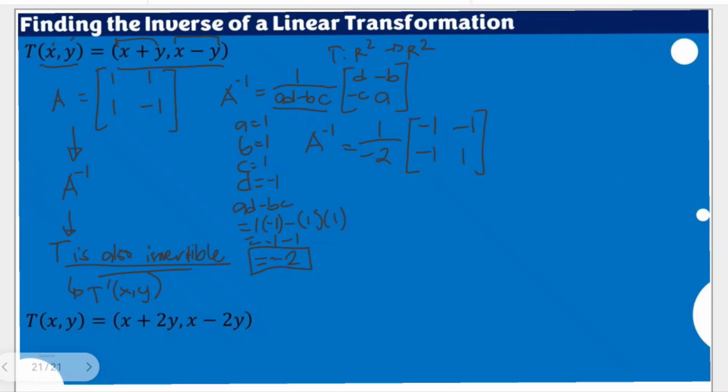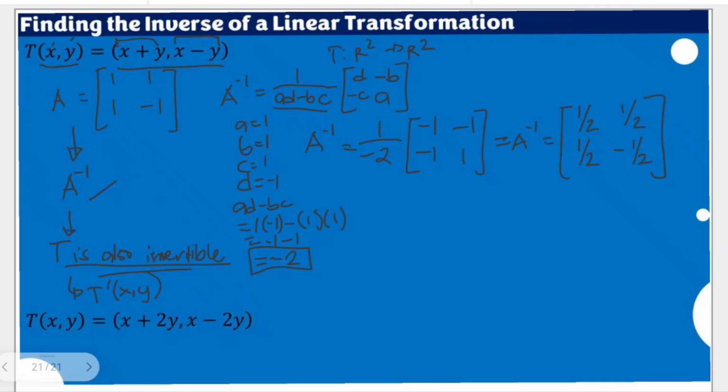So the inverse of the standard matrix A, which is also the standard matrix of the inverse linear transformation of T, is equal to positive 1/2, positive 1/2, positive 1/2 as well, and negative 1/2 here. In short, A is invertible, so T is also invertible.